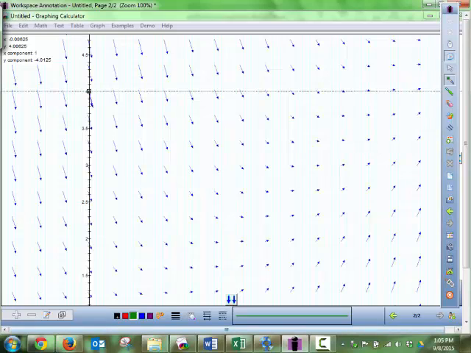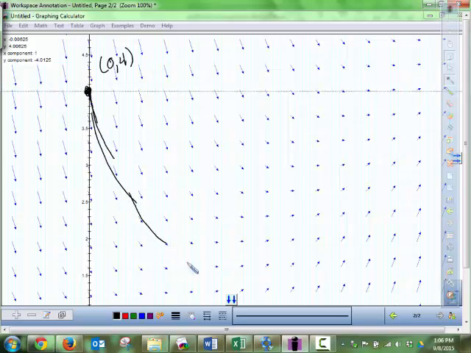So from 0, 4, imagine we're following this. You kind of draw your graph down more, following the arrows.